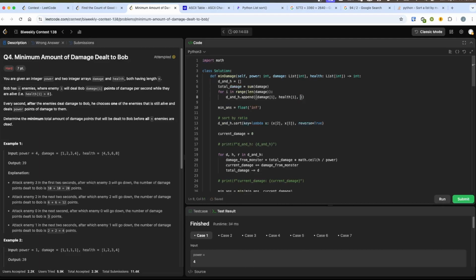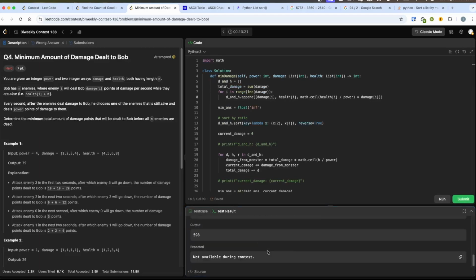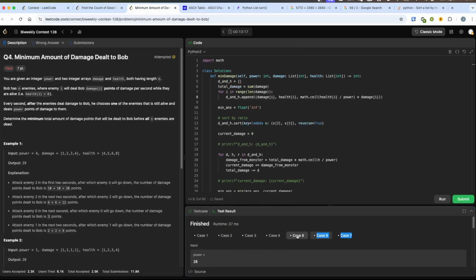We could prioritize damage, health divided by power. That's ceiling. Nope. Still wrong.